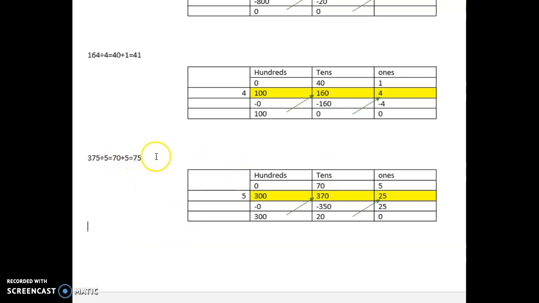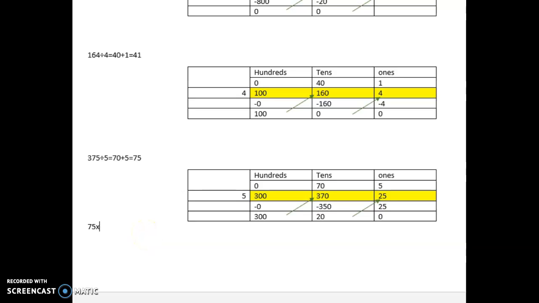So let me remind you about the multiplication to check your division. So let's check our division here. I'm going to take 75, which was my quotient.